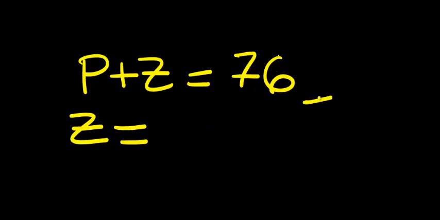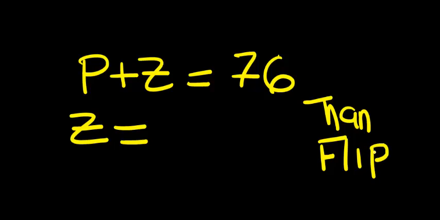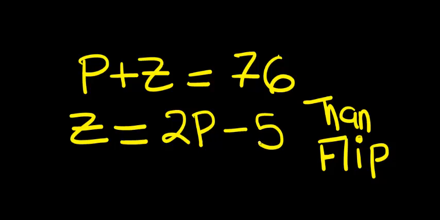Since I have the word than, I know I have to flip. What comes after than goes first and what is first goes second. So after the word than, we see twice as long as the other part, and it says it is 5 inches less than that.